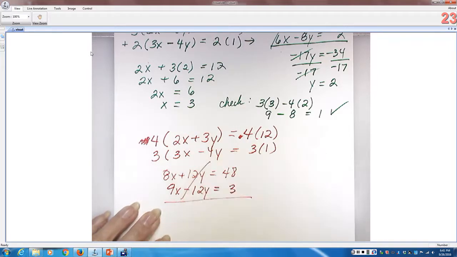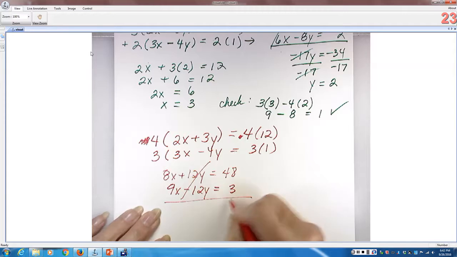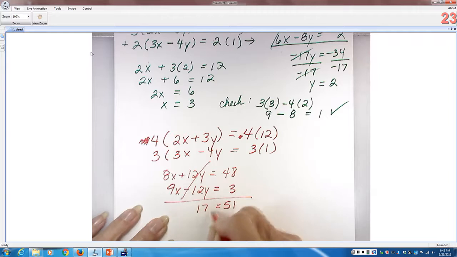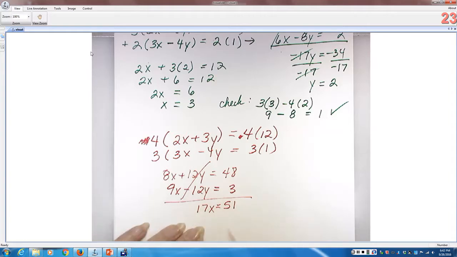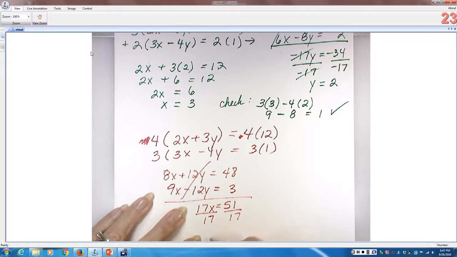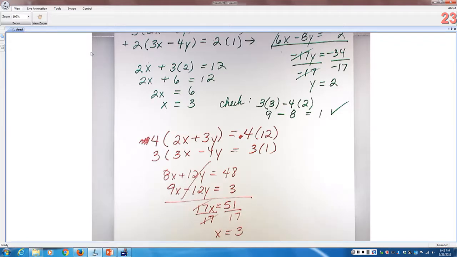The y's dropped out. 48 plus 3 is 51, and 8 plus 9 is 17. So I'll divide both sides by 17, and it's still x equals 3.